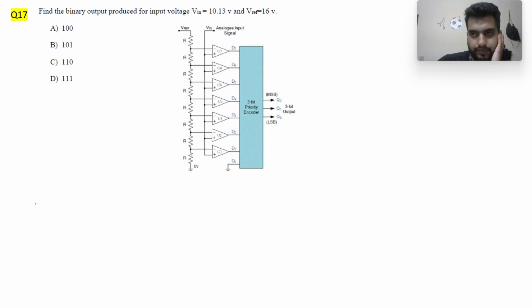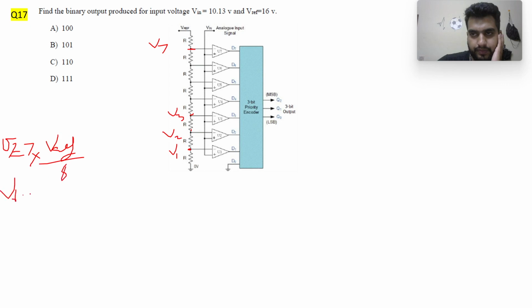So what we have here is a flash ADC. Let's call these voltages V1, V2, V3, and this as V7. Your V7, as we saw earlier, is equal to 7 times Vref by 8.